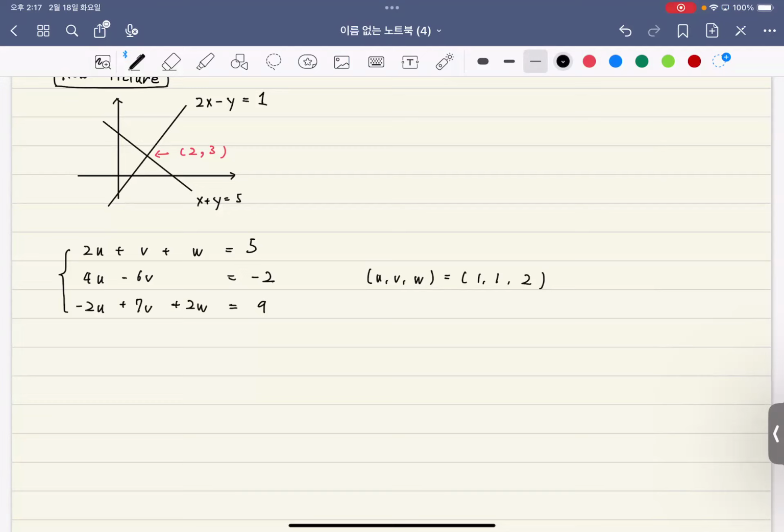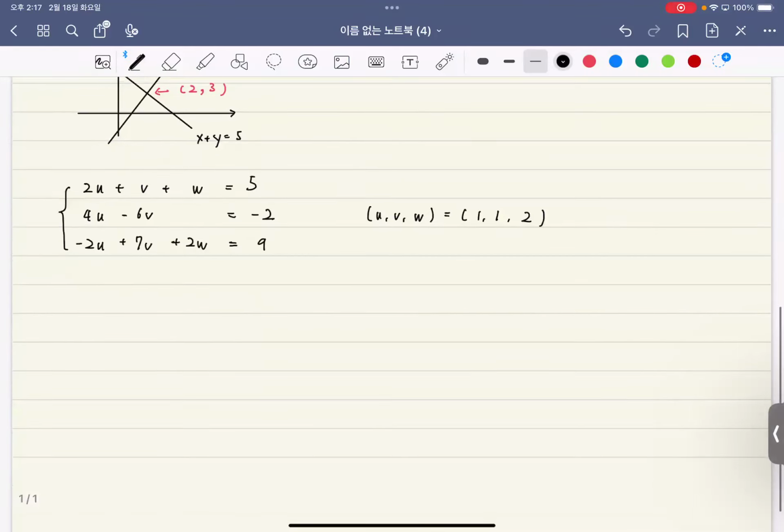So that means if you have 3 of these planes, the intersection of these 3 planes should be exactly 1 point, which is (1, 1, 2). So this is what I mean by the row picture of a system of equations.